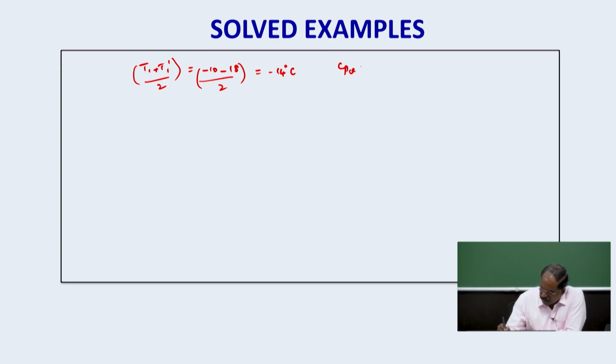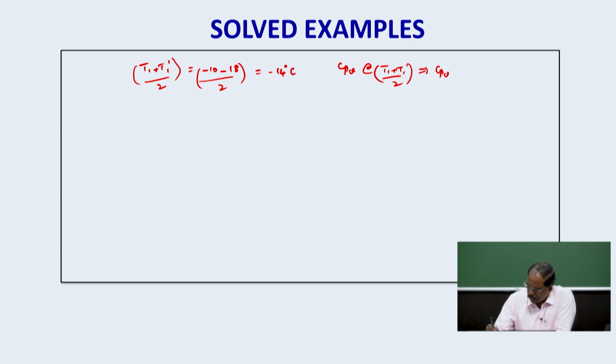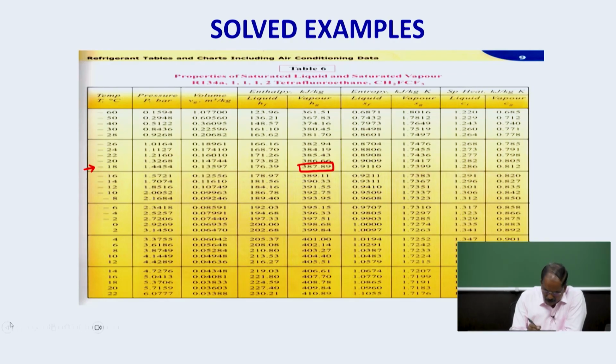Cp of vapor should be taken at the average temperature, average of T1 plus T1 dash by 2. That is, Cp of vapor should be calculated at minus 14 degree centigrade. So from tables, this is minus 14.